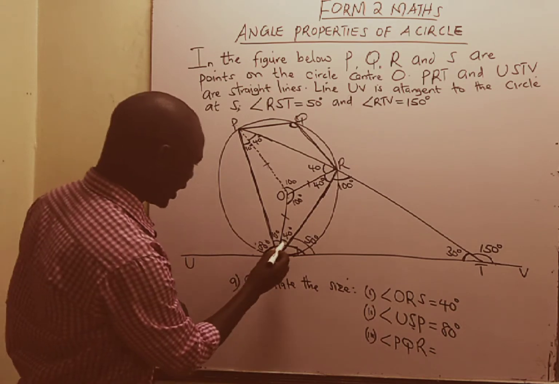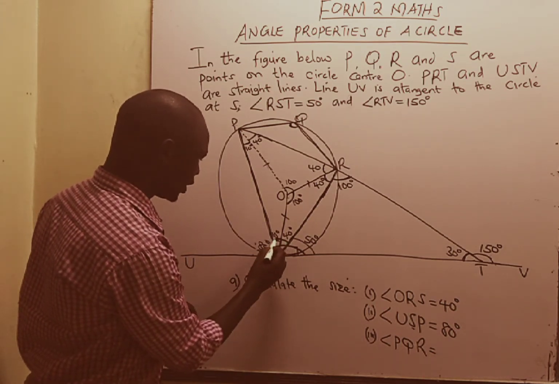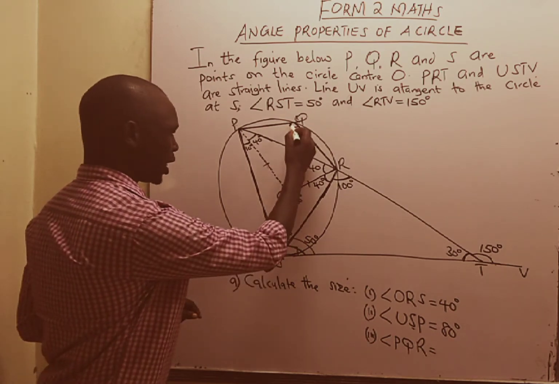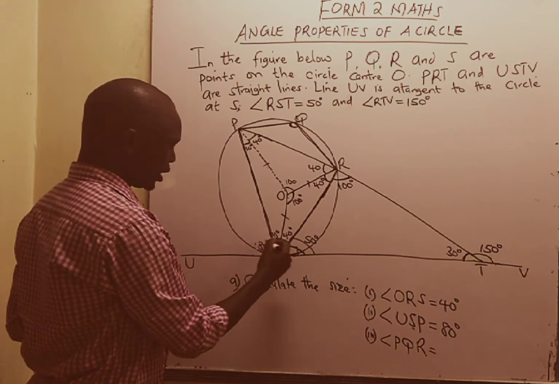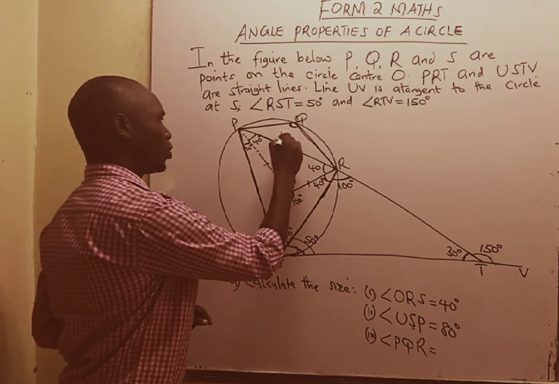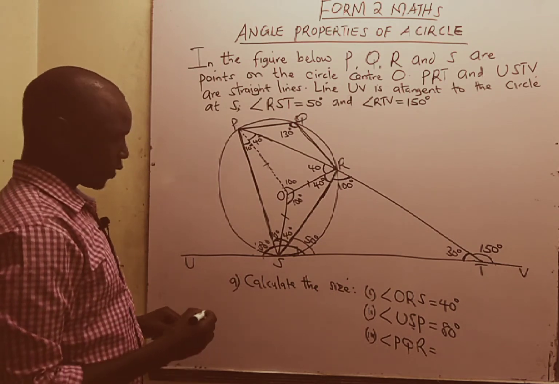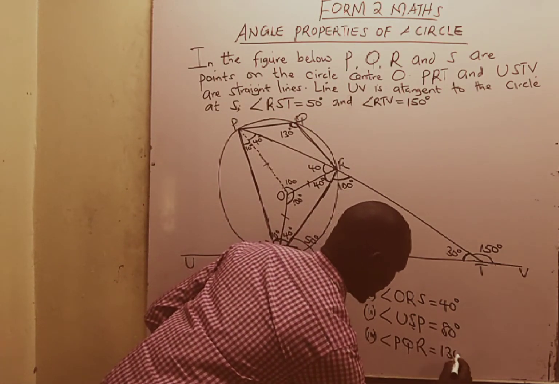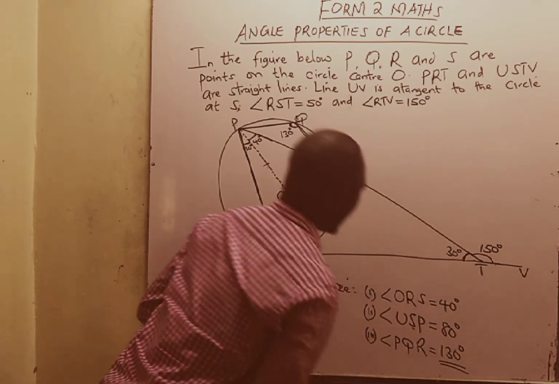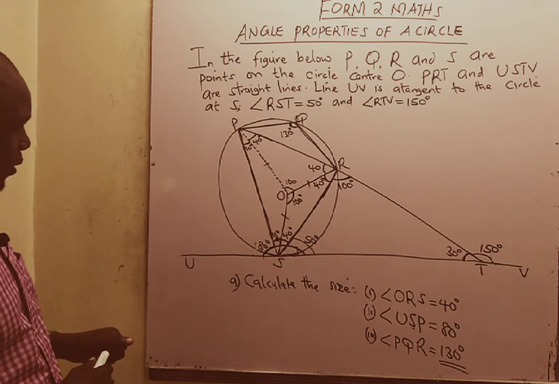The angle here is 50, so 50 plus the angle at this point will give us 180, meaning 180 minus 50 gives 130 degrees. So the size of angle PQR is equal to 130 degrees, and that is what the question requires.